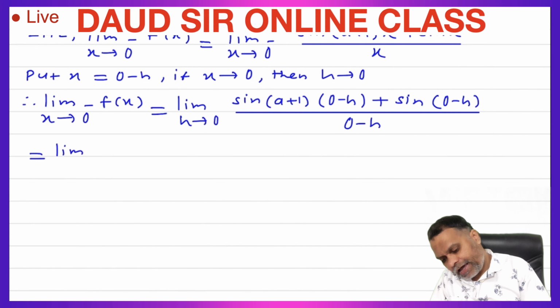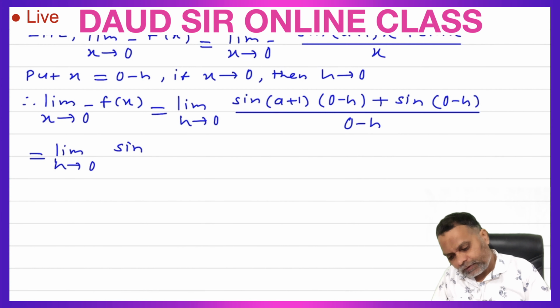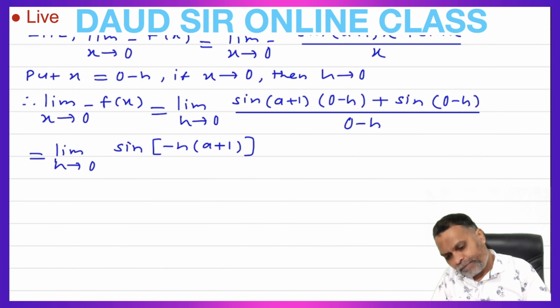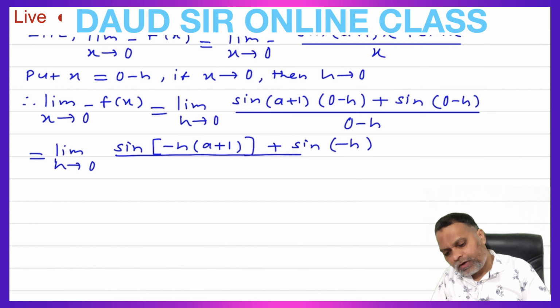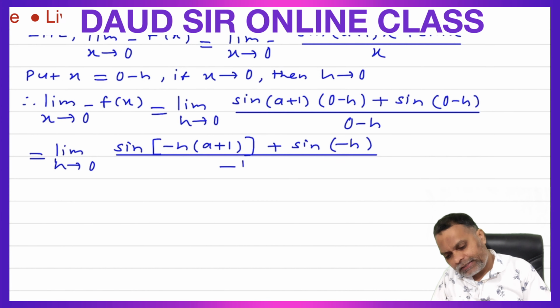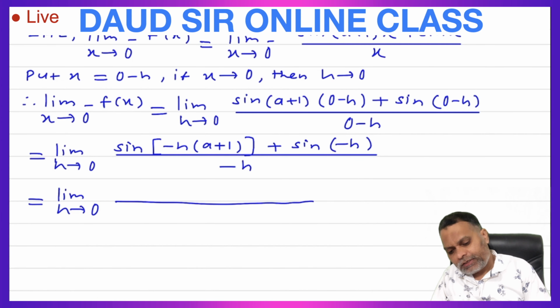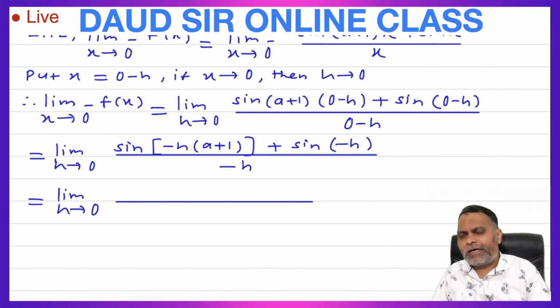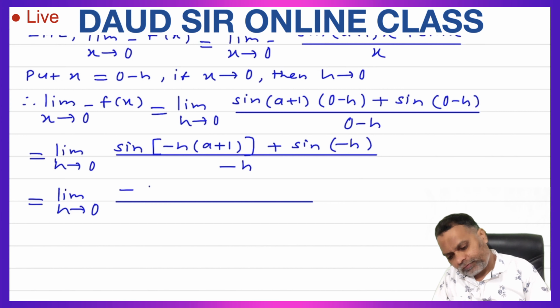Limit h tends to 0 sine of minus h into (a plus 1) plus sine of minus h upon minus h. So limit h tends to 0. Minus theta lies in the fourth quadrant. In the fourth quadrant, cos is positive, sine is negative. So minus sine h into (a plus 1).